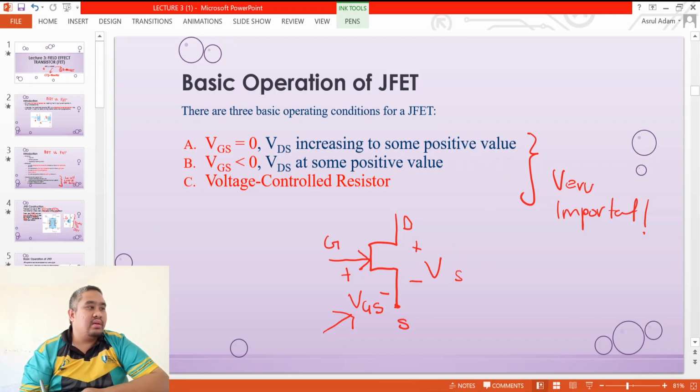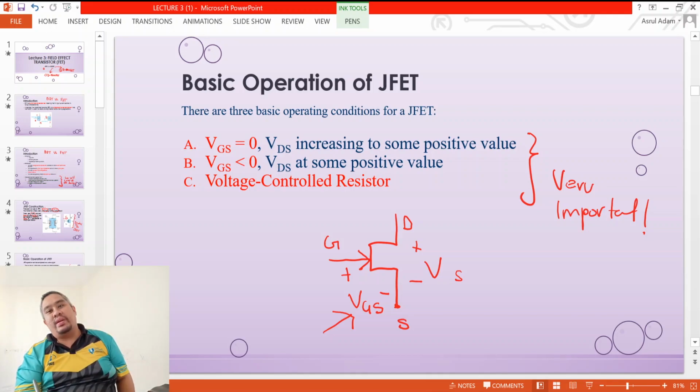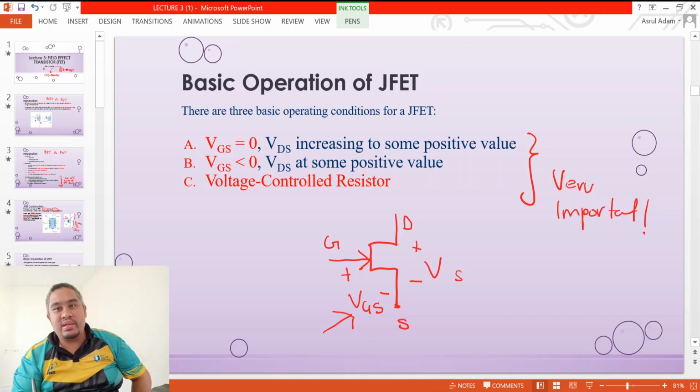This is the first basic operating condition of a JFET. You have to remember that: when VGS equals 0, VDS is increasing to some positive value. That is the first one.